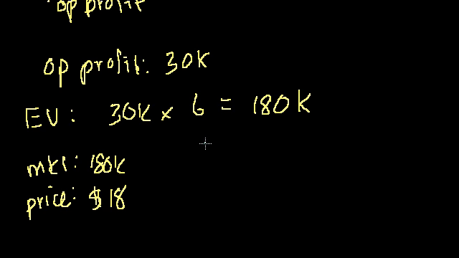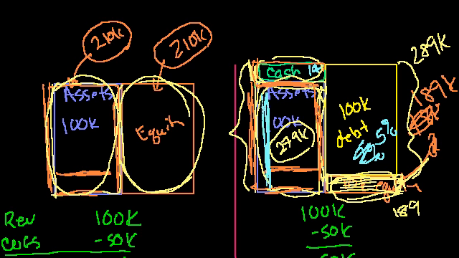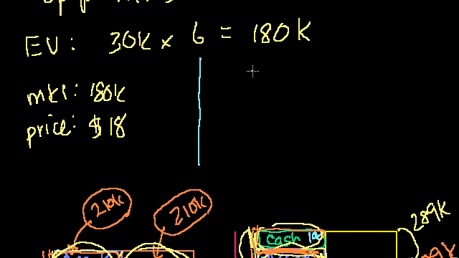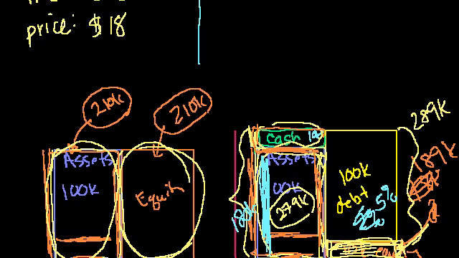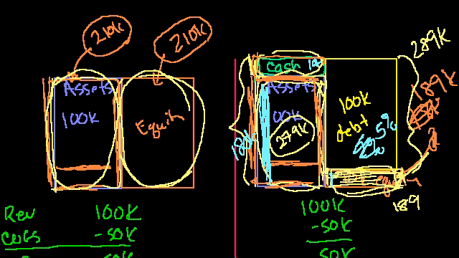Now let's take the second guy's situation. We both agree that in both situations their enterprise value should be $180,000. But in this guy's case, what are the assets? The assets are the enterprise, 180 plus 10K of cash. This whole left-hand side is $190,000. And if you wanted to figure out the market cap, you would take this whole thing and subtract out the debt, and then you would be left with this piece right here.